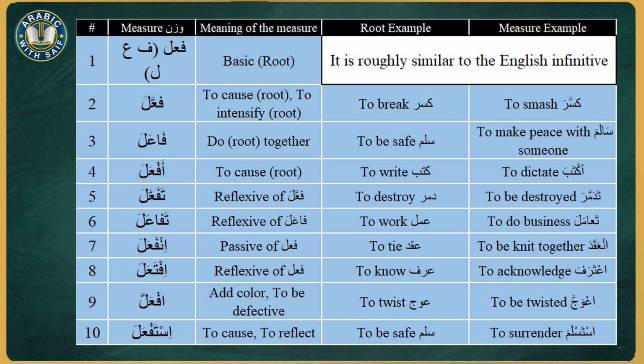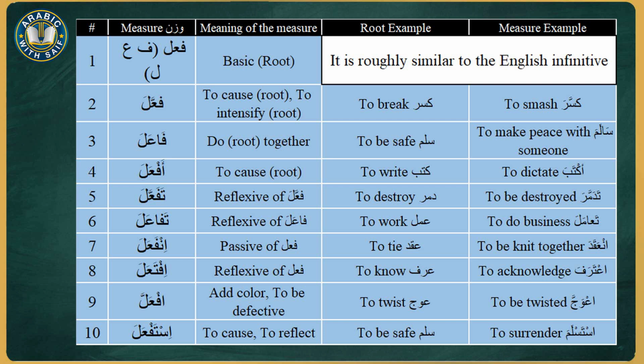Number 6, the measure تفاعل, the reflexive of number 3 فاعل. Example, the root عمل, to work. On the measure of تفاعل, تعامل means to do business.